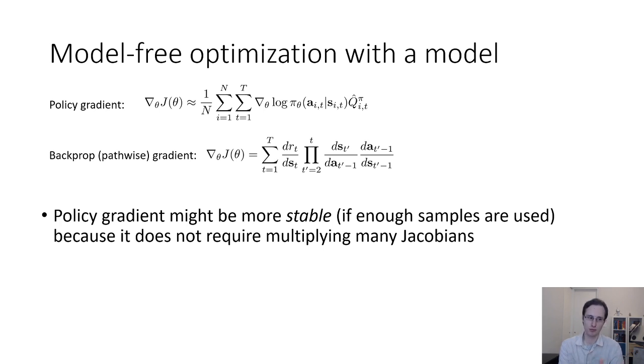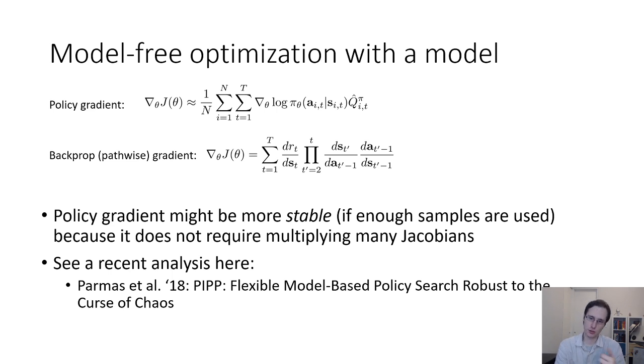So it's a product of many, many matrices, and we know that if you multiply lots of matrices together, then the big eigenvalues become bigger, and the small eigenvalues, the ones less than 1, become smaller. So unless all those matrices have eigenvalues that are at 1, when you multiply them together, you're going to get a bunch of junk. You're going to get either exploding or vanishing gradients, and of course the eigenvalues are never going to be 1. Whereas the policy gradient doesn't require multiplying a lot of Jacobians together, instead it just requires you to generate samples.